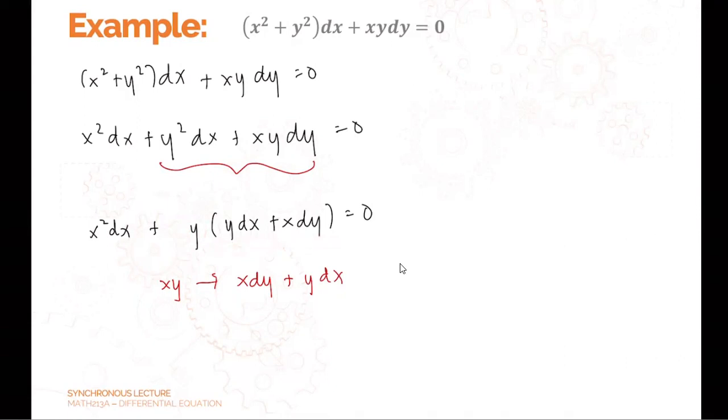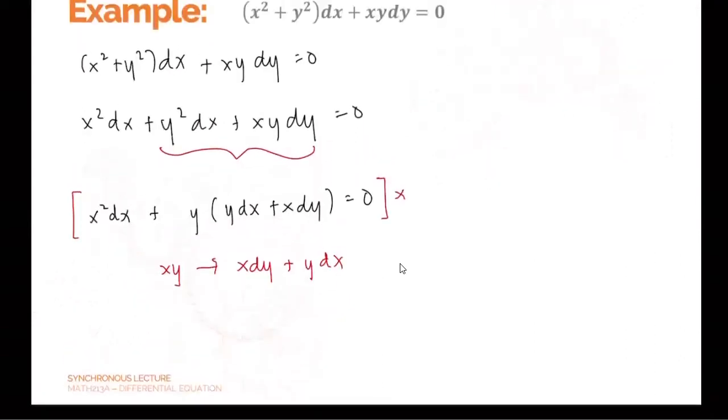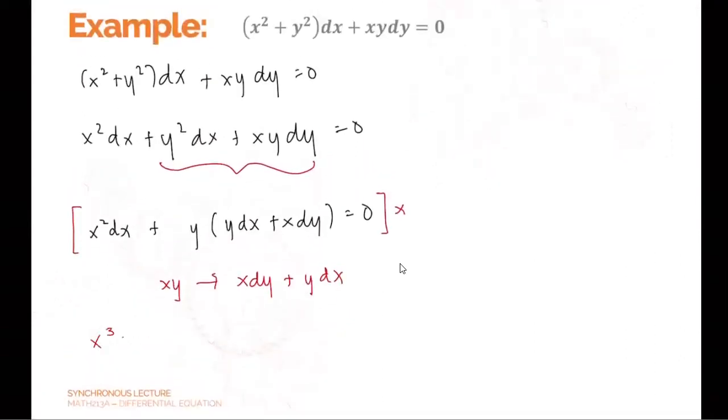So, again, by inspection yung ginagawa natin, no? So, pag multiply natin the whole equation by x, meron siyang x cubed dx plus xy, then yung y dx plus x dy can be derivative ng xy, no? Okay? Is equals to 0.